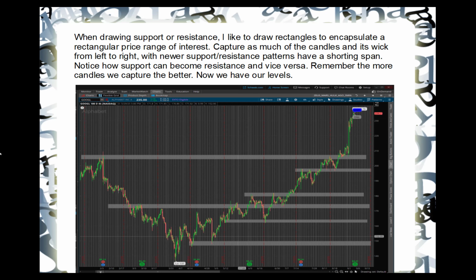So if you look right over here at this part of the chart, this level was resistance and then it became support, but it kind of begins here, because if I trace all the way over here, there's almost like a gap down, or a big displacement candle. So I'm just looking here from left to right. But if I look at this one up on top, you can see that I can connect this region over here with this region over here. So remember, the more candles we capture, the better.